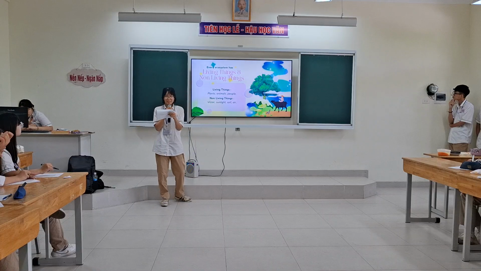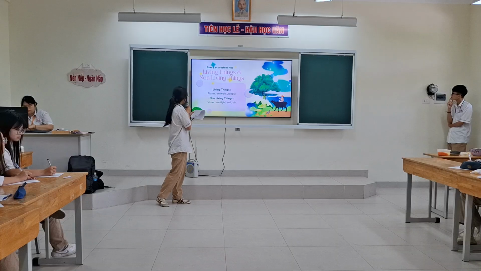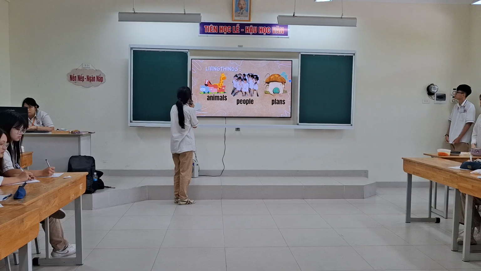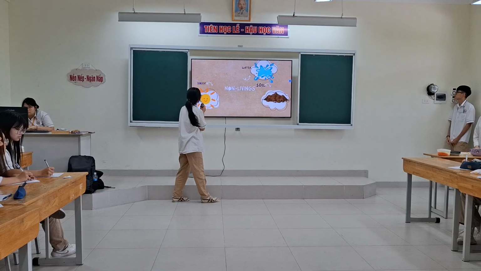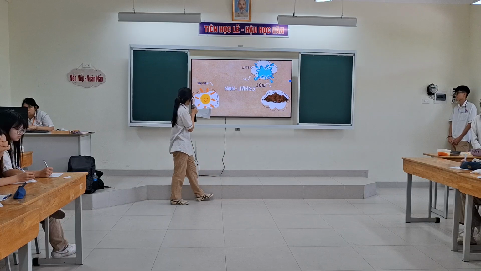Every ecosystem has living things and non-living things. Living things are animals, people, plants. Non-living things are water, soil, sunlight.